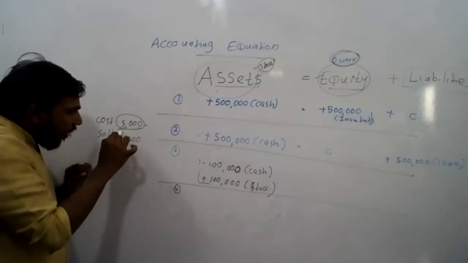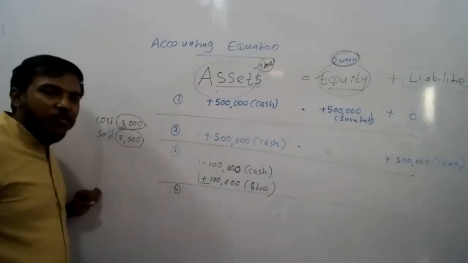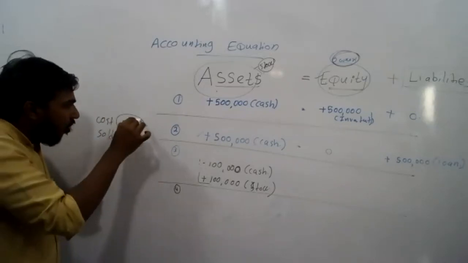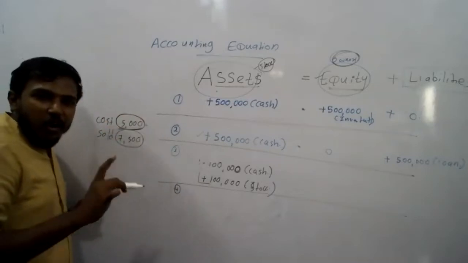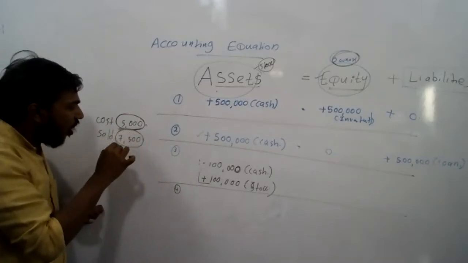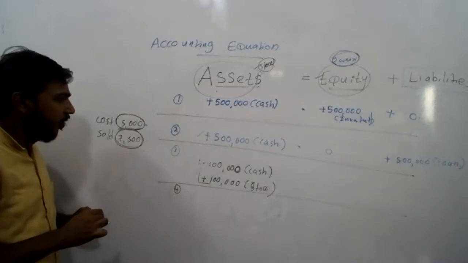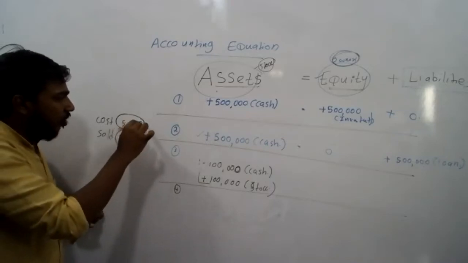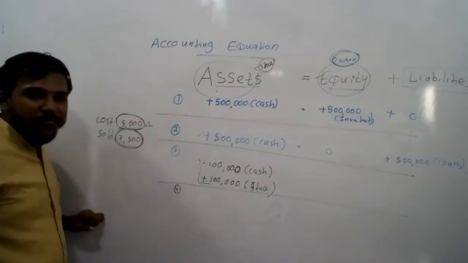So you keep a margin and you sell this for 7,500 rupees. That means stock costing rupees 5,000 was sold for 7,500 rupees.